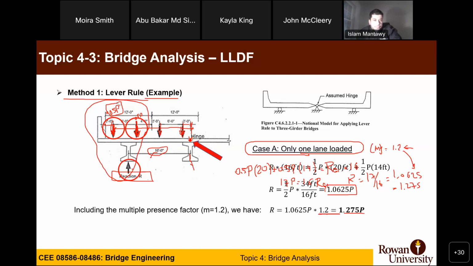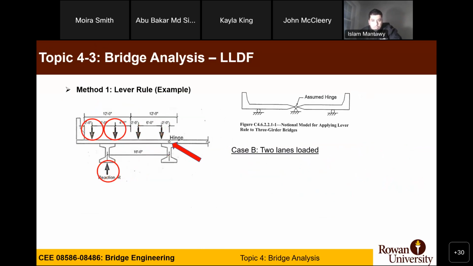Zach is here. Hello? Can you hear me, Zach? Hi, yes. So now I need you to count for two lanes loaded. Two lanes loaded means that you have to consider all the 4 wheels, right? Around this hinge, correct? Correct. So can we do it together?